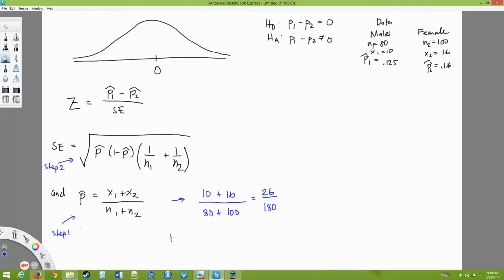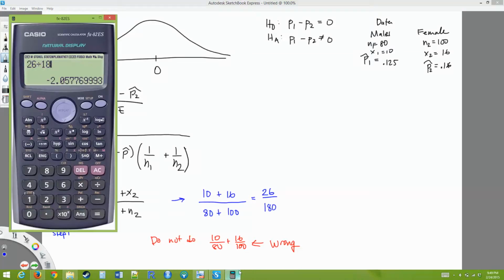Let me write a warning here: do not do 10 over 80 plus 16 over 100. This is wrong. It's 26 over 180. Very big difference. Don't do this. So what's 26 over 180? 0.144444.